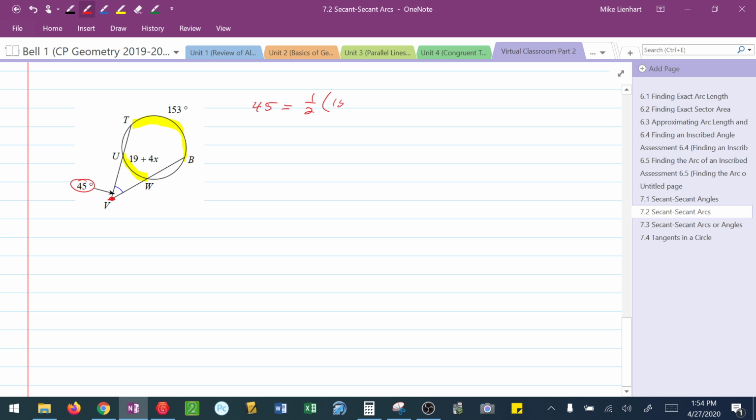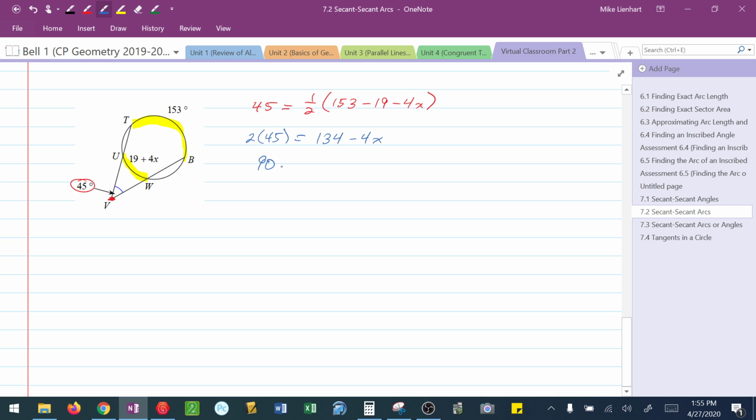In this case, I'm going to go 153 and subtract 19 and subtract 4x off of it. I'm going to get rid of that 1/2, make this 2 times 45 is equal to, let's see, 153 minus 19. I'm going to combine these like terms, and that would give me 134 minus 4x.